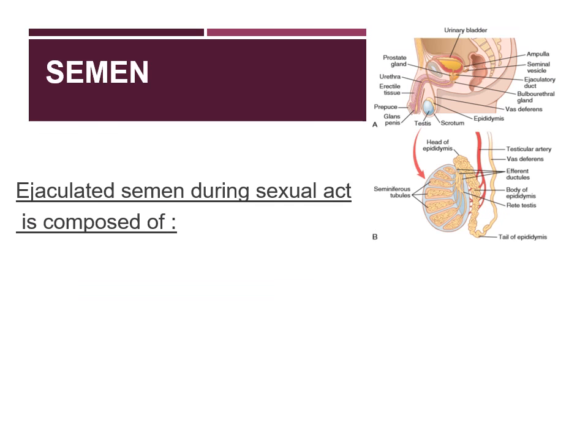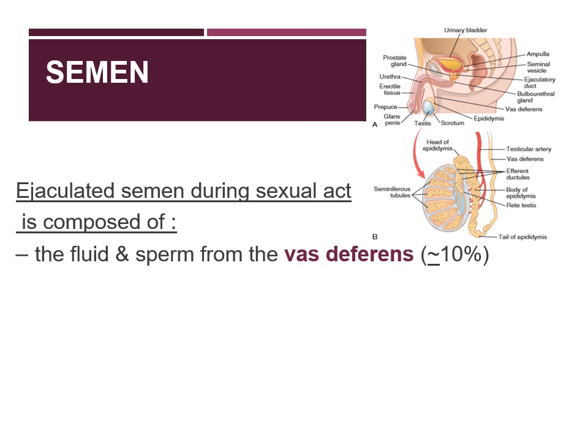So in summary, semen that is ejaculated is composed of fluids and sperms that come from the testis and epididymis through the vas deferens, which is only 10% of the volume.